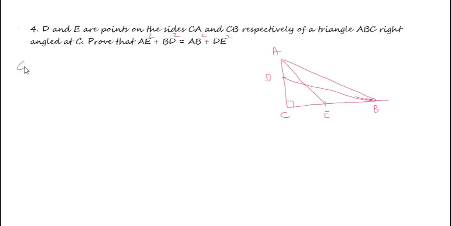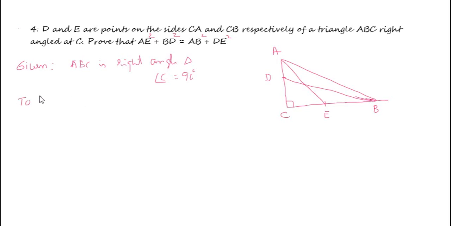What is given is ABC is a right angle triangle and angle C equal to 90 degrees.